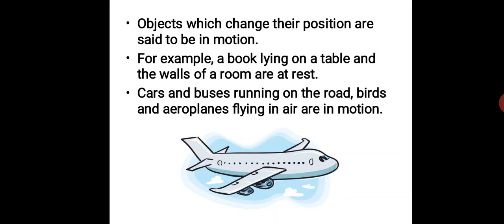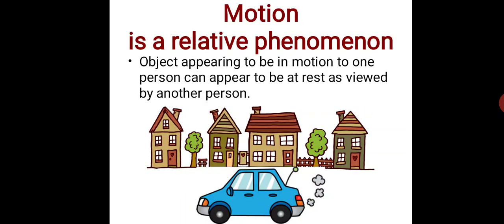Like cars and buses running on the road, and birds and aeroplanes flying in the air are in motion. Even the leaves of the plants that dance in the air are in motion, we can say.